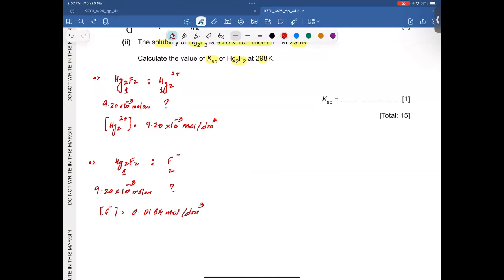Now let's plug in these two values in the Ksp expression to get the value of Ksp. Concentration of Hg2 2+ is 9.20 into 10 to the power minus 3, and the concentration of fluoride ion is 0.0184 to the power square because we have 2 moles in the equation.